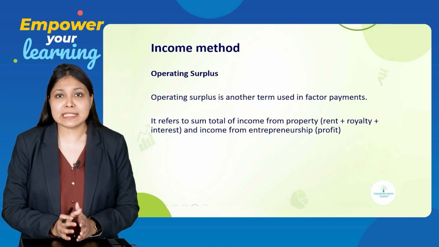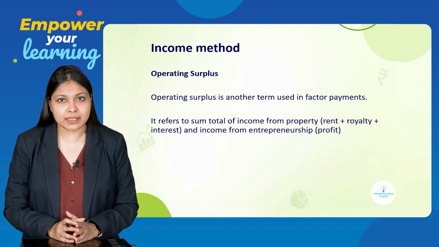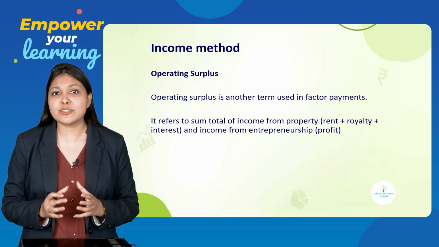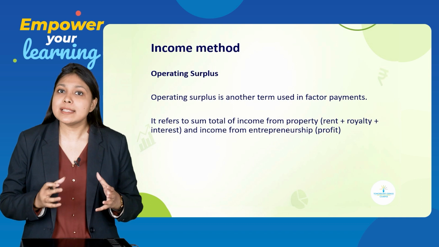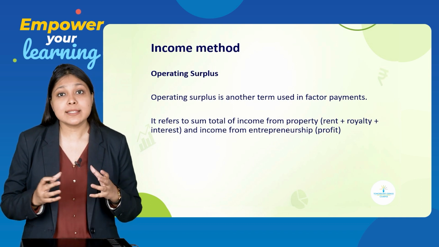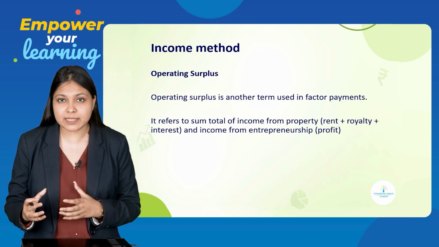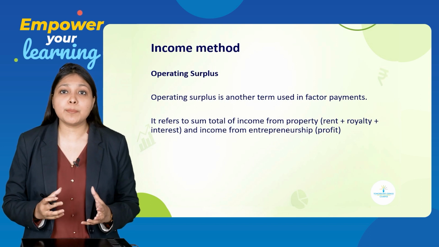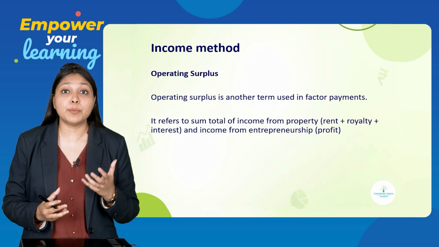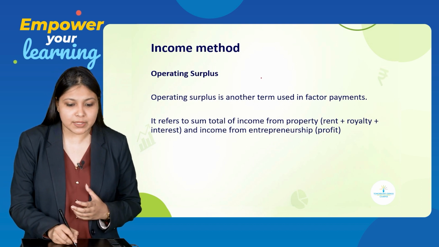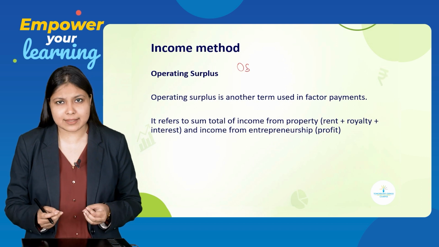So, as we were discussing the components of the income method, the first one we already discussed was COE, compensation of employees, which includes salaries and wages in cash, salaries and wages in kind, and employers' contribution to social security schemes. Then we talked about rent and royalty, profit, interest. Next is operating surplus, OS in short form.